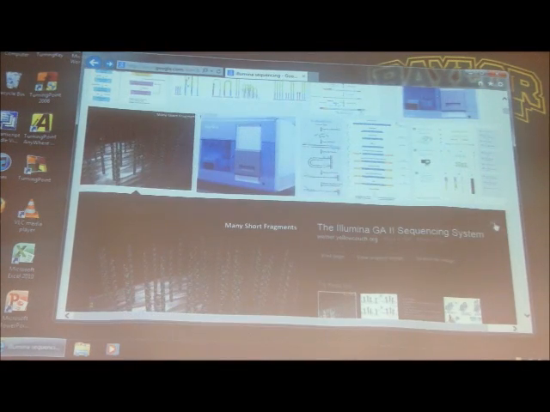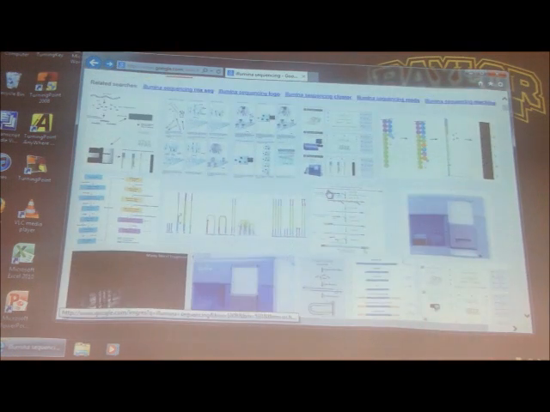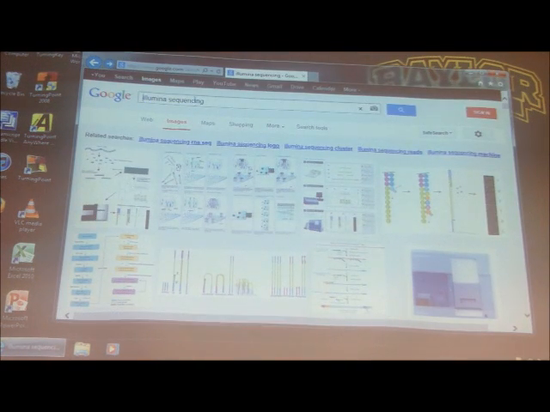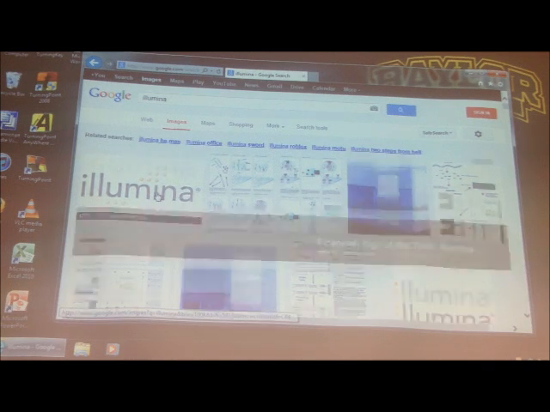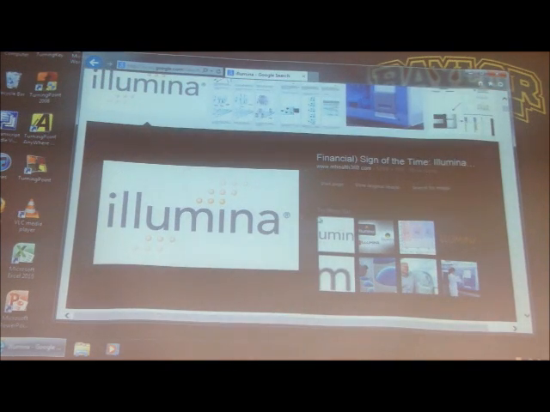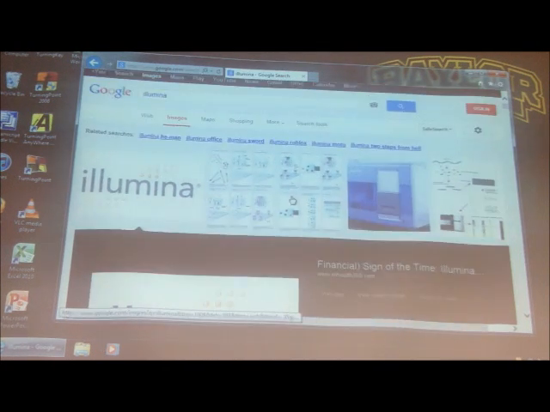Looking for the video. I guess I'll just put sequencing, or Illumina in here. Okay, Illumina. Financial, that's not what I want.